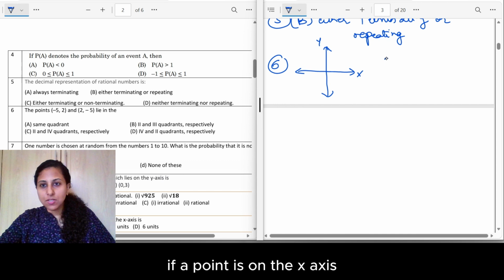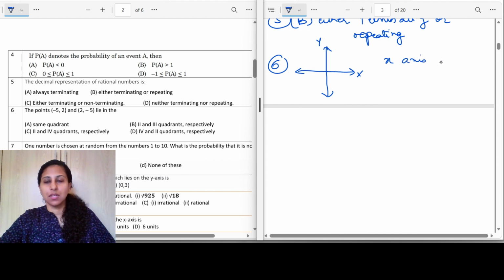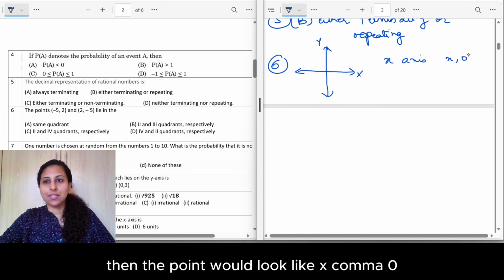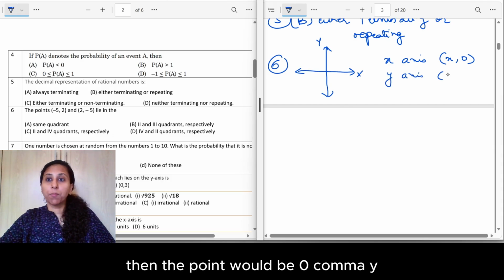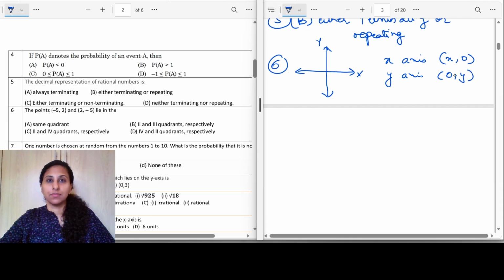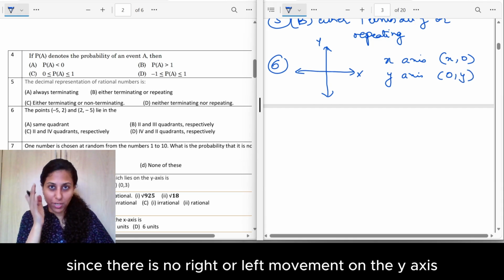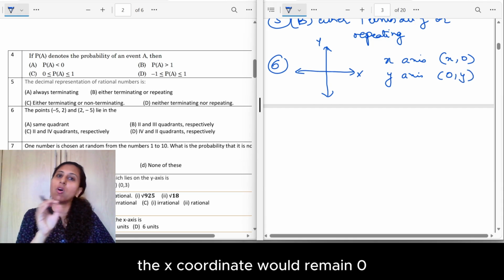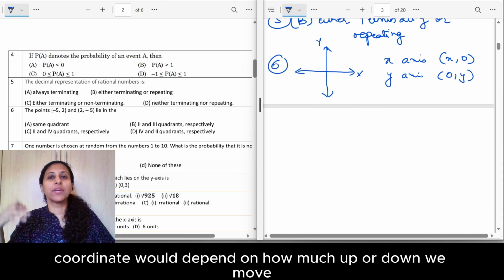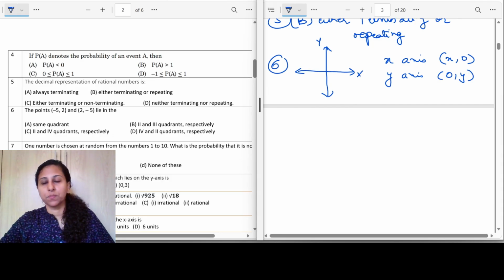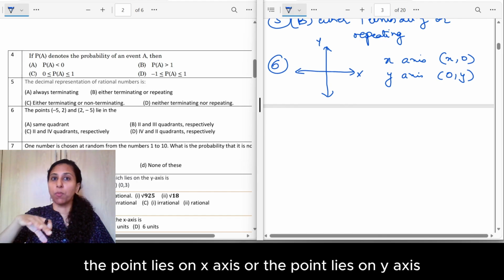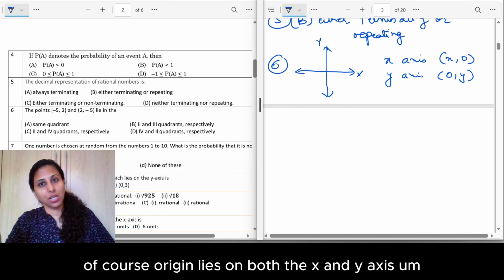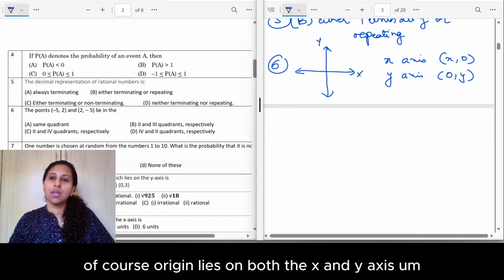If a point is on the x-axis, then the point would look like (x, 0). We saw this earlier. If the point lies on the y-axis, then the point would be (0, y). Since there is no right or left movement on the y-axis, the x-coordinate would remain 0. The y-coordinate would depend on how much up or down we moved. So these are two possibilities: the point lies on the x-axis or the point lies on the y-axis. Of course, the origin lies on both the x and y-axis.